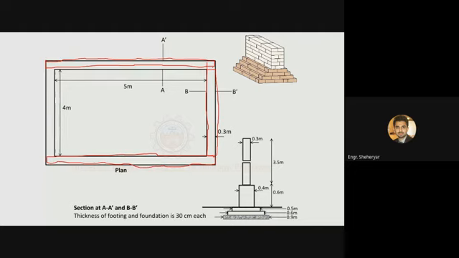Now to discuss how to measure the lengths of the long walls and short walls from a given plan. Let's assume that we have a plan given. Sorry for the bad drawing.